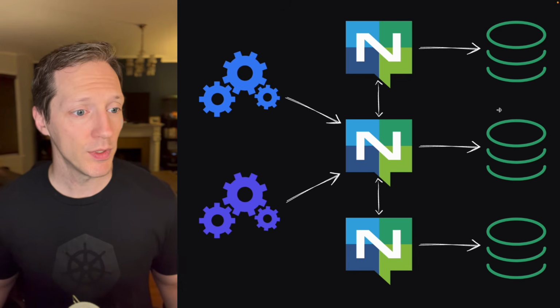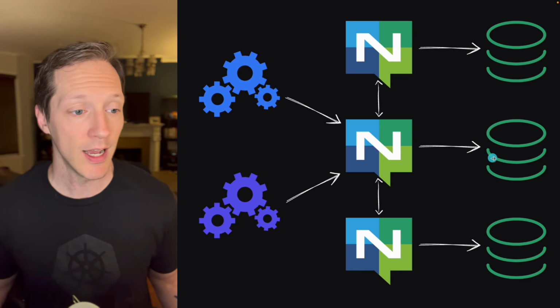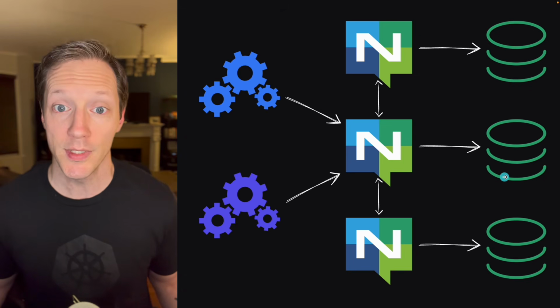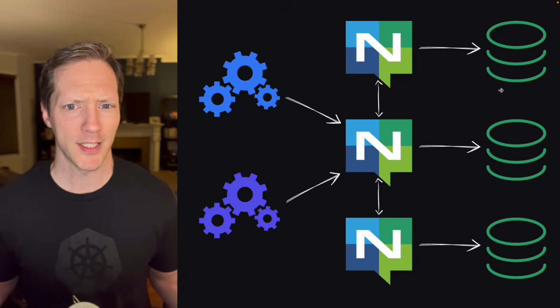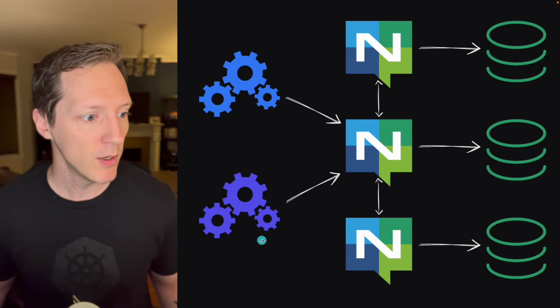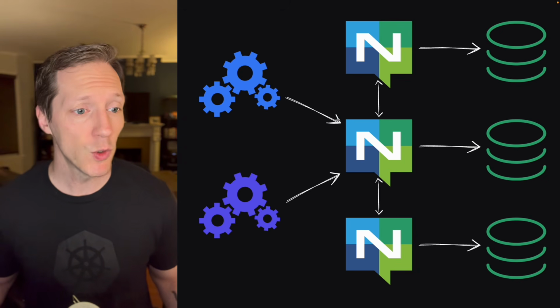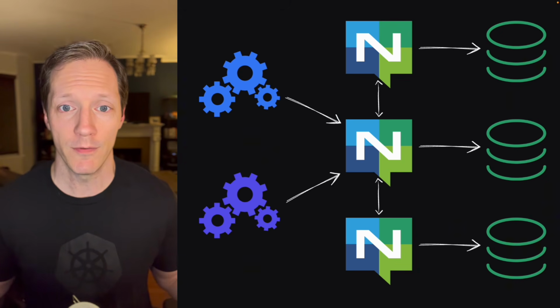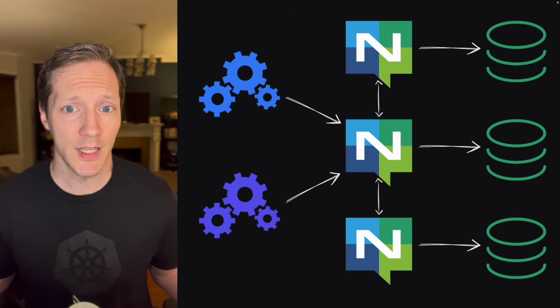You can add replication so that instead of just storing once, it'll store your data multiple times, so that if one of these NATS servers goes down, one of these disks gets corrupted, you have a backup copy for high availability. That's awesome. And each of your services that are communicating with NATS are going to send data to that stream. NATS is going to automatically take care of storing it for you. You don't really have to set up much, and I'm going to show you how little it takes.